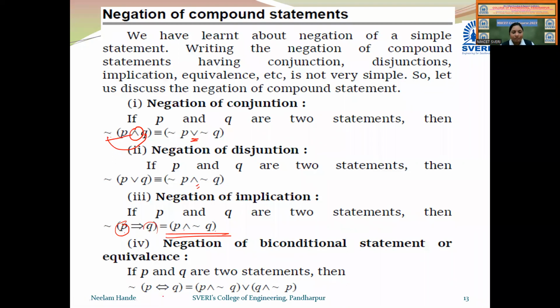Negation of the biconditional statement, P if and only if Q. For double implication, first we write for P implies Q: the negation of P implies Q is P and negation Q. Then, with a disjunction in between, Q and negation P. The conjunction changes into a disjunction.